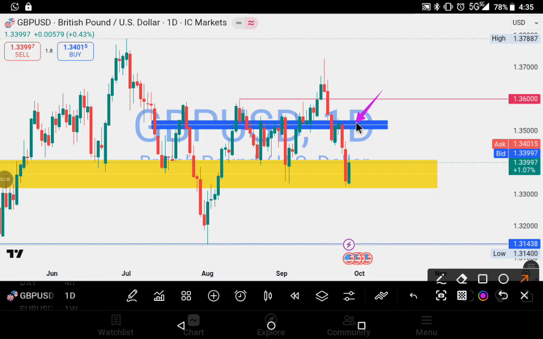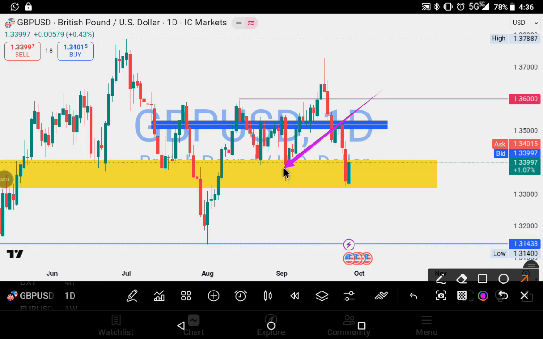As long as the market price stays below it, I'm interested in 1.34 big figure. And 1.34 big figure has been taken because we are trading around 1.33997 or thereabouts.